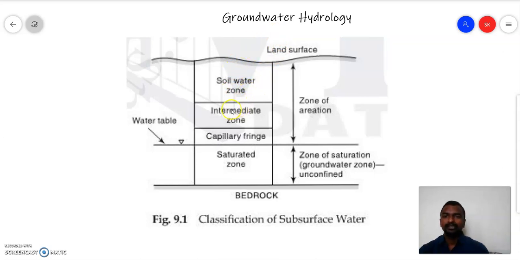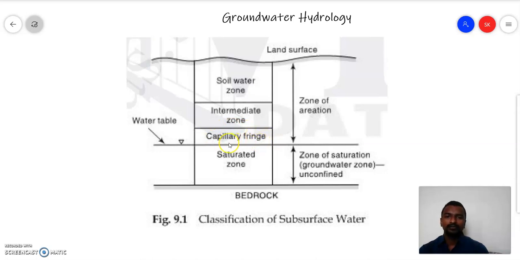The second zone is the intermediate zone, which starts from the soil water zone and goes up to the capillary fringe. So the zone in between the soil water zone and the capillary fringe is called the intermediate zone. The capillary fringe is where water is held by capillary action.